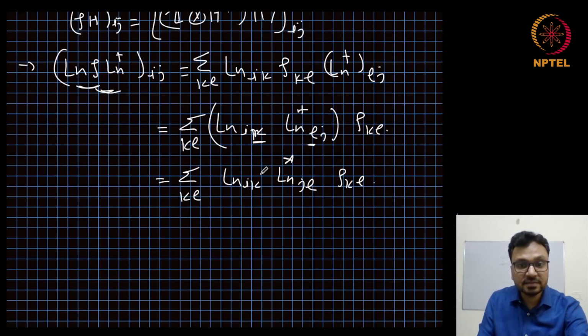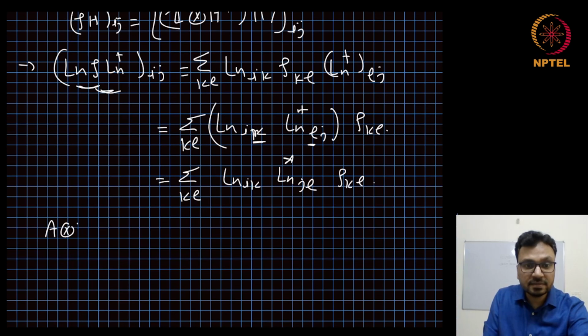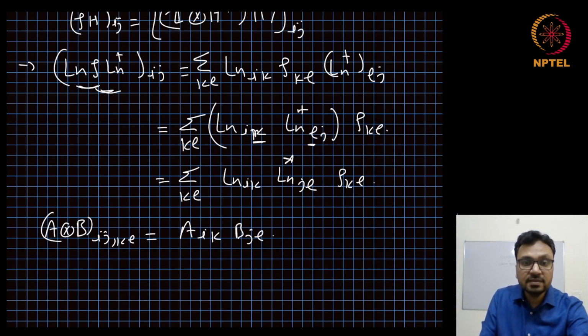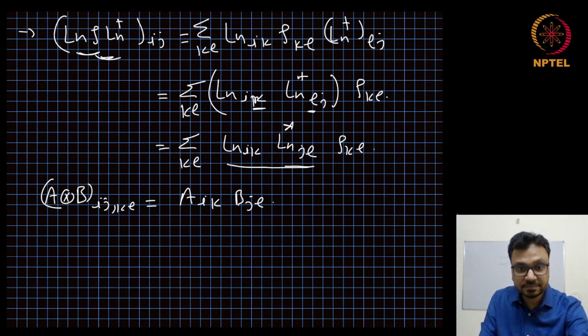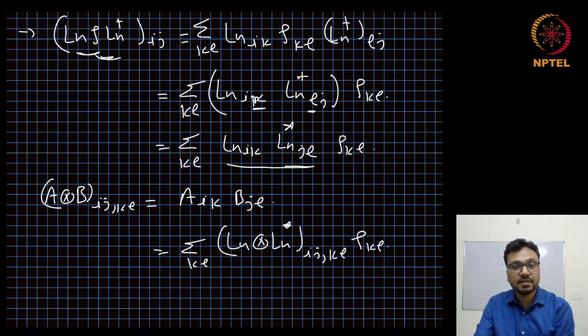And if we see that A tensor B ijkl element is A_ik B_jl, from here we can see this term can be written as sum over kl L_n tensor L_n star, that will be ijkl element, and rho_kl.